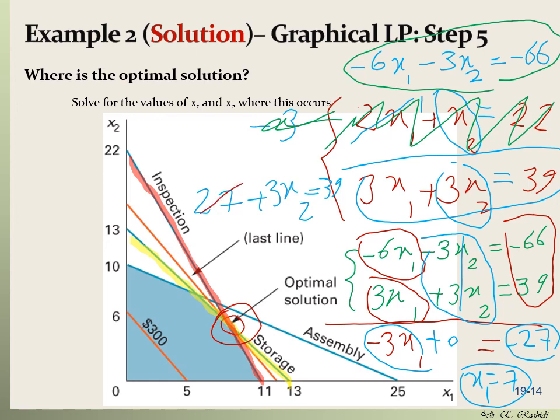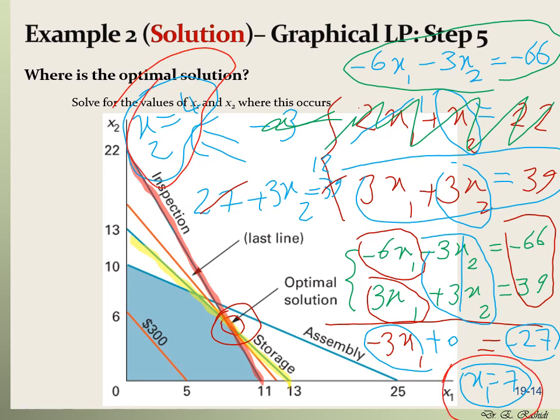If we solve for this, 3x2 is 39 minus 27, that is 12. So 3x2 is equal to 12. This means that x2 is equal to 4. So I have it now: x1 equal to 9 and x2 equal to 4. I'm going to write it on the left.